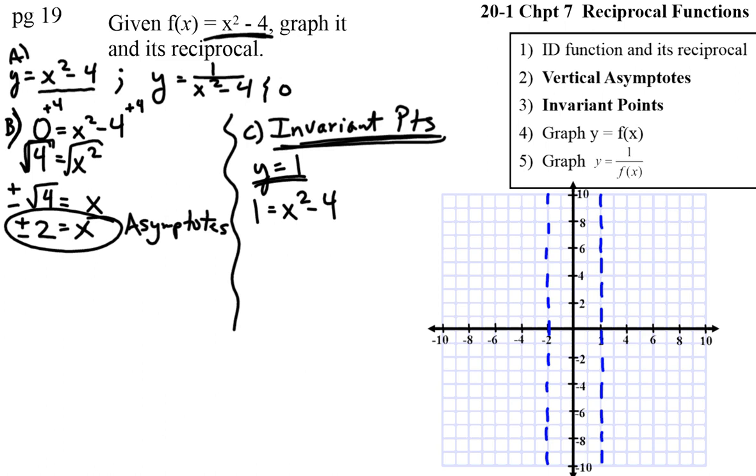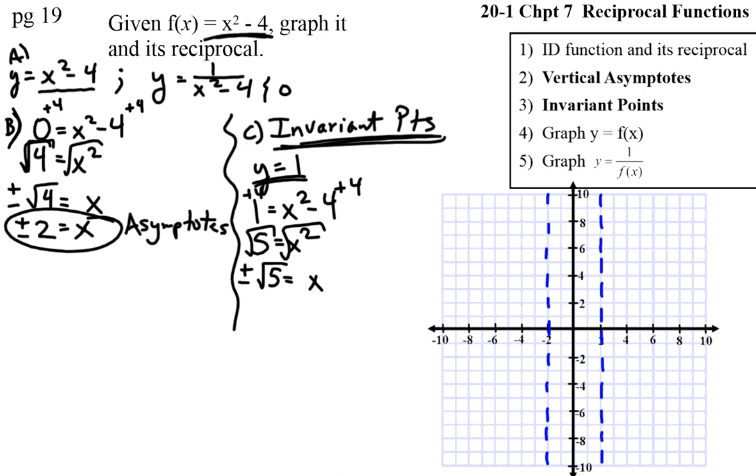What do I need to do? Add 4 to both sides. We get 5 equal to x squared. Square root both sides, and when we square root both sides, we need to consider the positive and the negative of our root. So x is equal to positive and negative root 5.